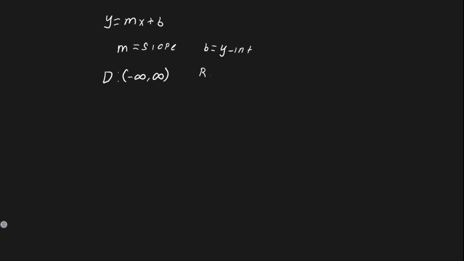The range is also negative infinity to infinity because the range is all possible y values, and we see that it continues in a line infinitely and it never stops.